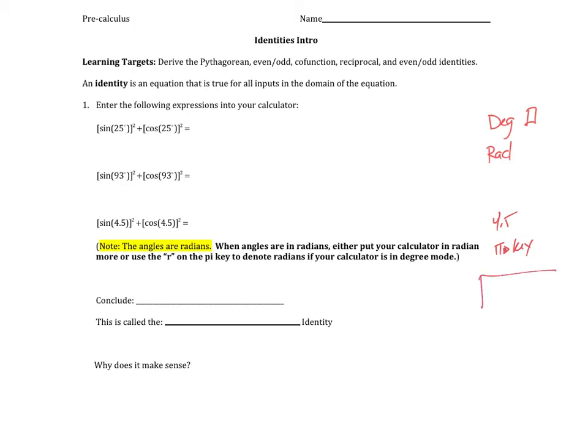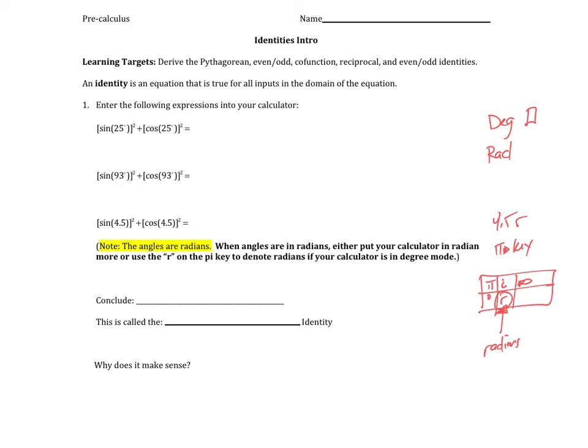When you push that, you'll get a pop-up on your calculator, and you'll see pi and infinity. You'll see a little degree and a little r. This r is radians. So if you enter 4.5, then hit the pi key, and then click the r, that will put that angle as a radian. Okay, so go ahead and enter these, and then come back to the video.